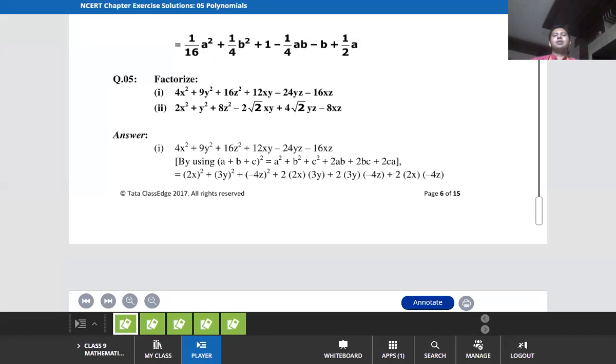So to factorize, we'll equate it with a square plus b square plus c square plus twice ab plus twice bc plus twice ca.